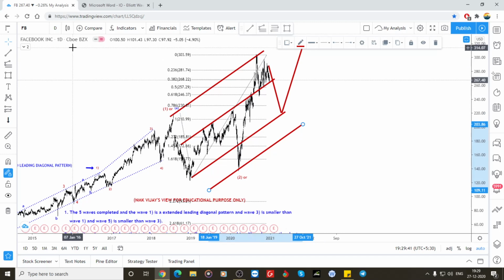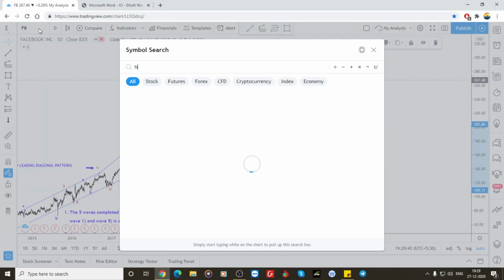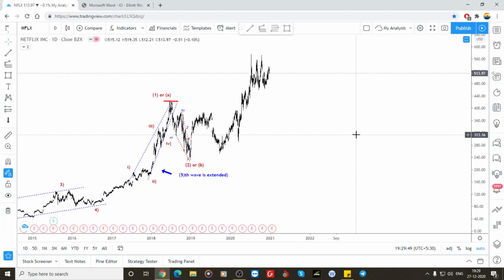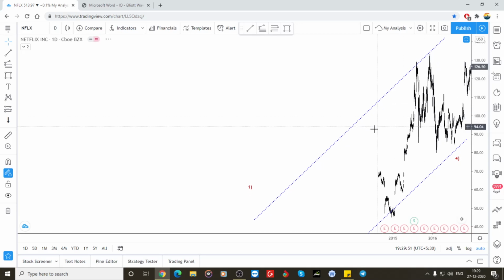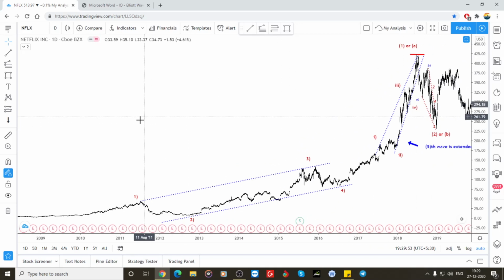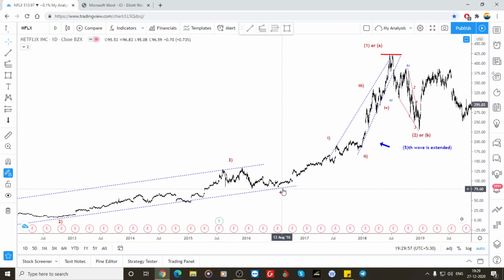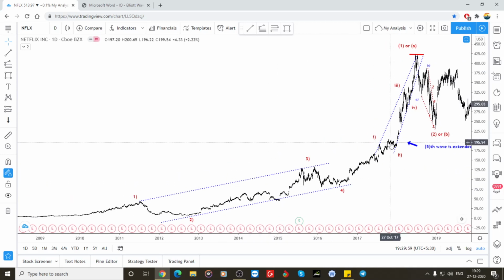So let's see Netflix also. Here this is a wave 1, wave 2, wave 3, wave 4, and 5 got completed.